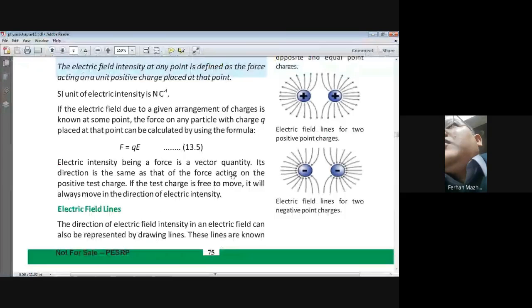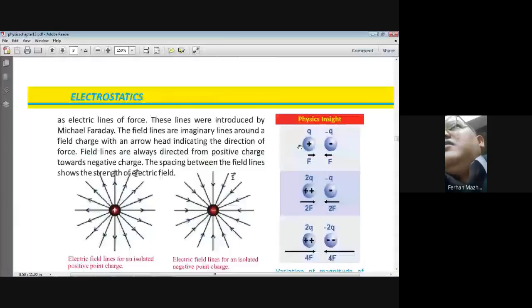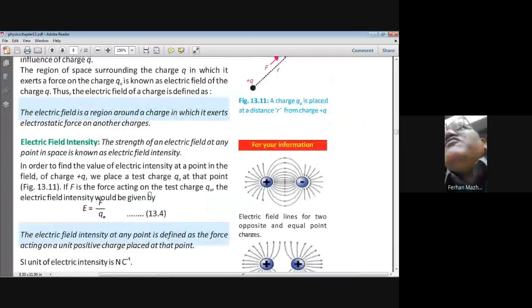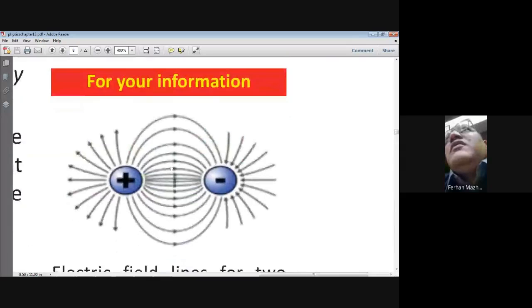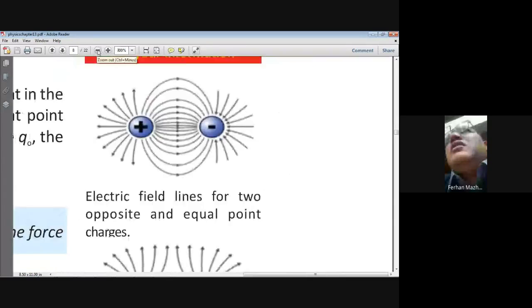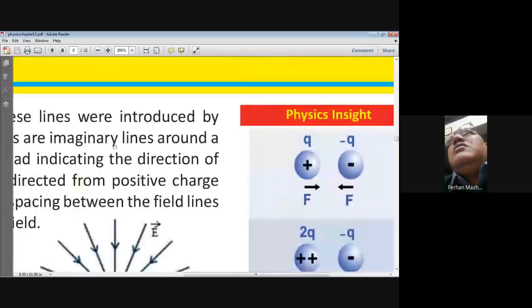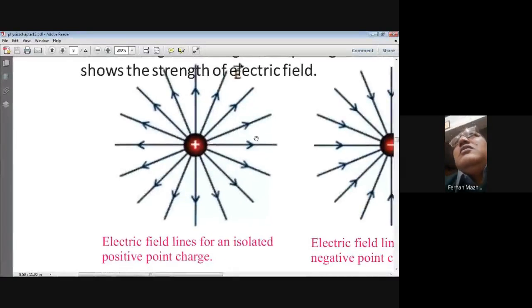Let me go to the next thing. This is very important. Sometimes you see this diagram in the paper.